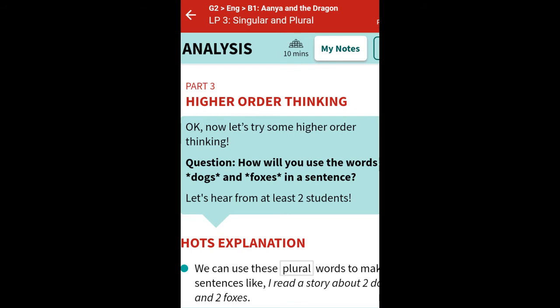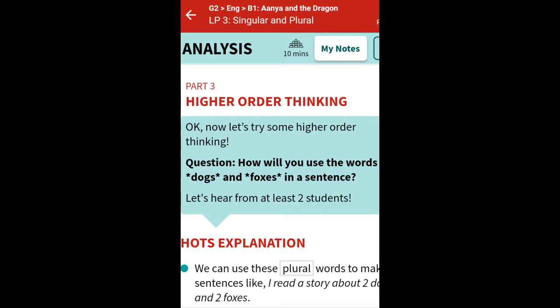Here in these nouns only s is added, whereas see in the lower box, first one, singular: fox, bus, class, dish, peach. For this kind of nouns we need to add es, that is foxes, buses, classes, dishes and peaches. Understood? Okay. Now see the next question.